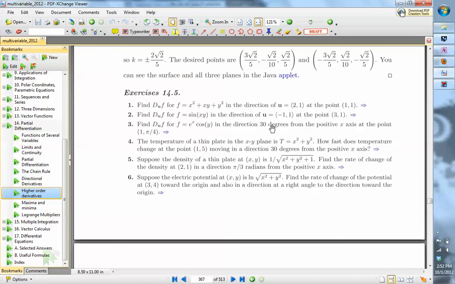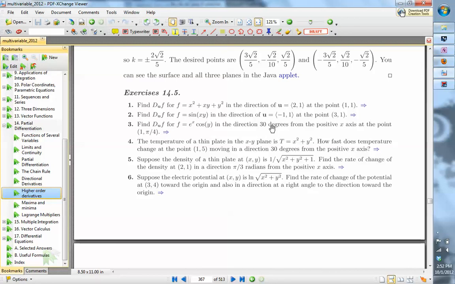There's a lot of stuff there that you're being given. But you can see, hopefully, that you need all of that information, right? f describes the surface that you're interested in. The point 1, 1, you go to the particular place on the xy plane that you're interested in. There's the surface up there. You don't really know what it's doing.